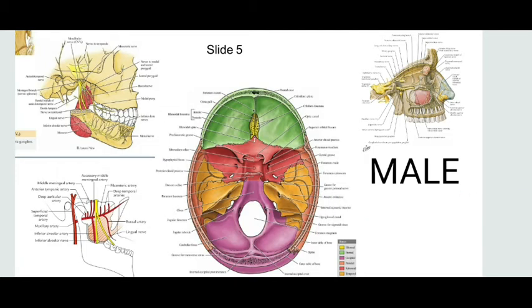And number 4, an emissary vein which connects the cavernous sinus with the pterygoid plexus of veins. So this emissary vein connects the cavernous sinus with the pterygoid plexus of veins.